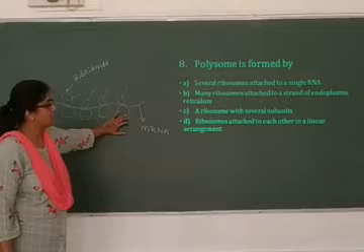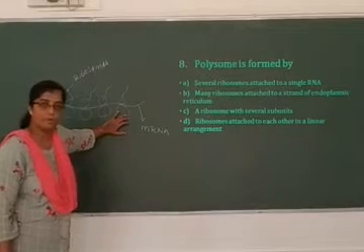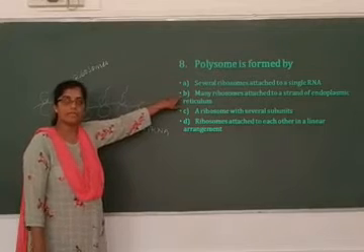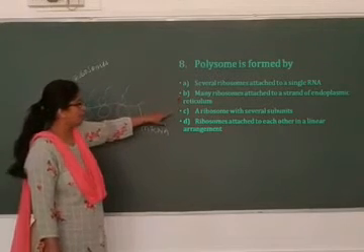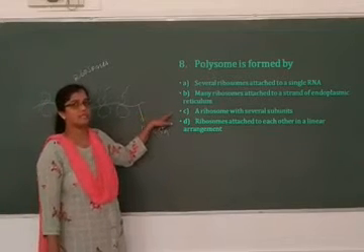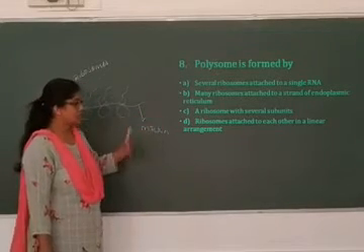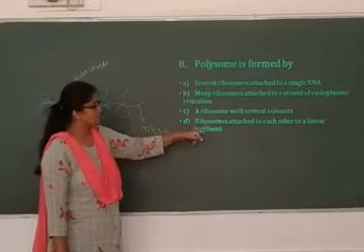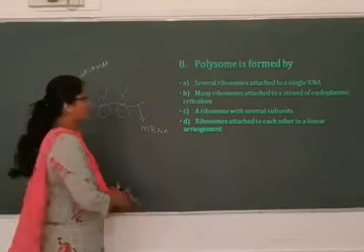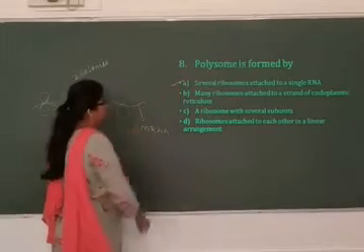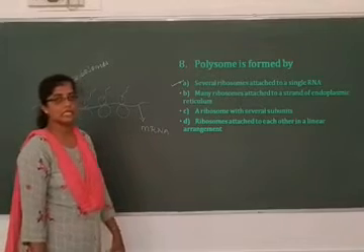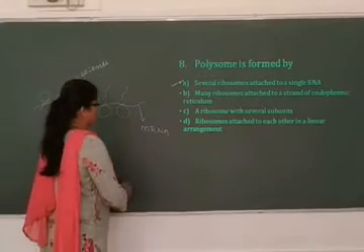Many ribosomes attached to the strand of endoplasmic reticulum: for this, the option will be rough endoplasmic reticulum, not the polysome. A ribosome with several subunits: all ribosomes for that matter have several subunits, so that is not the answer. Ribosomes attached to each other in a linear arrangement is also a wrong answer. So what is the answer? Several ribosomes attached to a single RNA is the right answer.